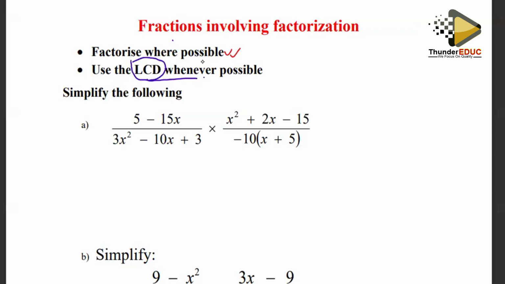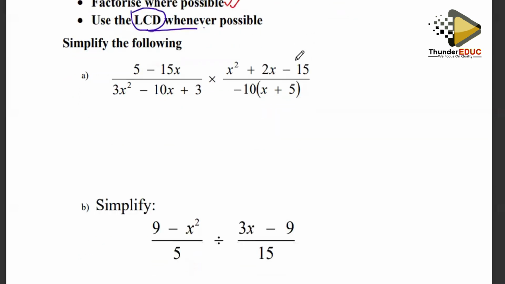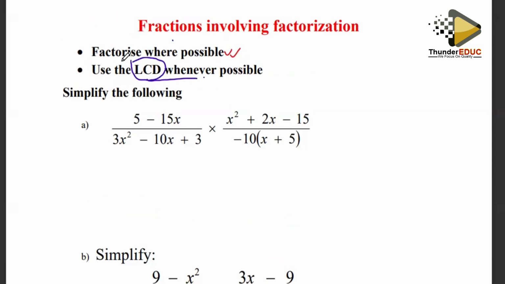Here we go. Simplify the following. So 5 minus 15x over 3x squared minus 10x plus 3 times, and so on and so forth. Before we even go there, remember if we have A over C times D over E, if it's a multiplication, numerators will be done separately and denominators will be worked on separately.